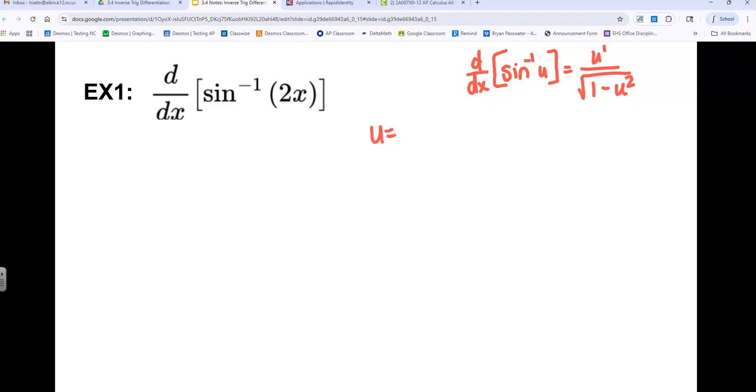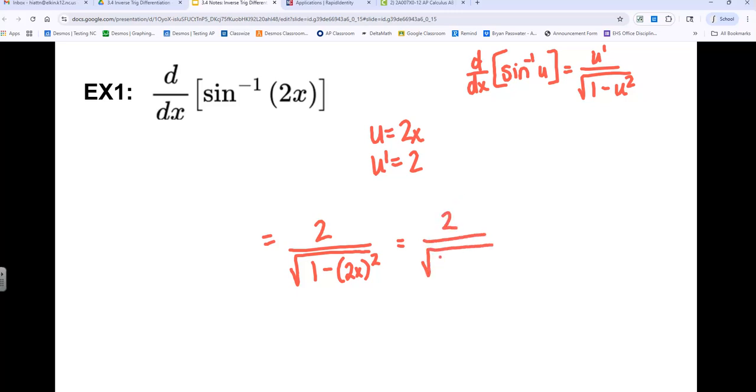So the u is going to be 2x. What would u prime be? 2. All right. So all you're really doing is plugging into this formula. That u prime is 2, and then you've got the square root of 1 minus, use some parentheses here, 2x squared. They will probably not leave that as 2x squared. They will probably do this, 2 over the square root of 1 minus 4x squared.